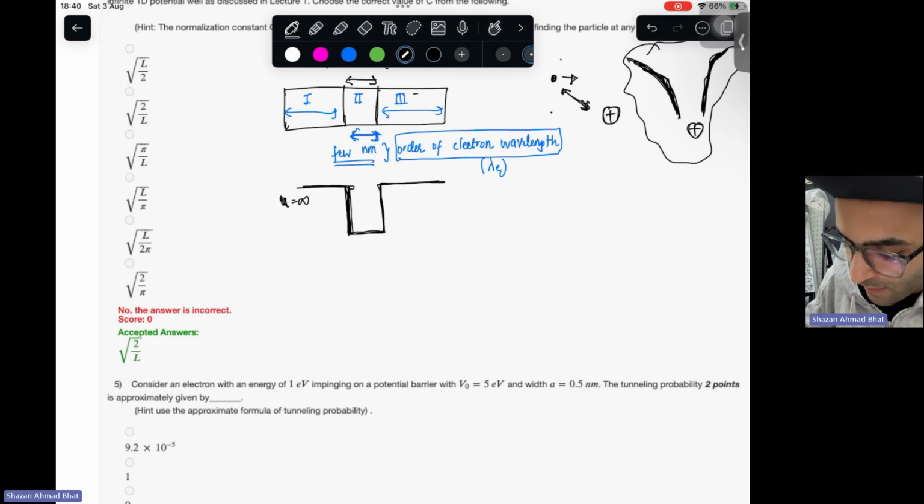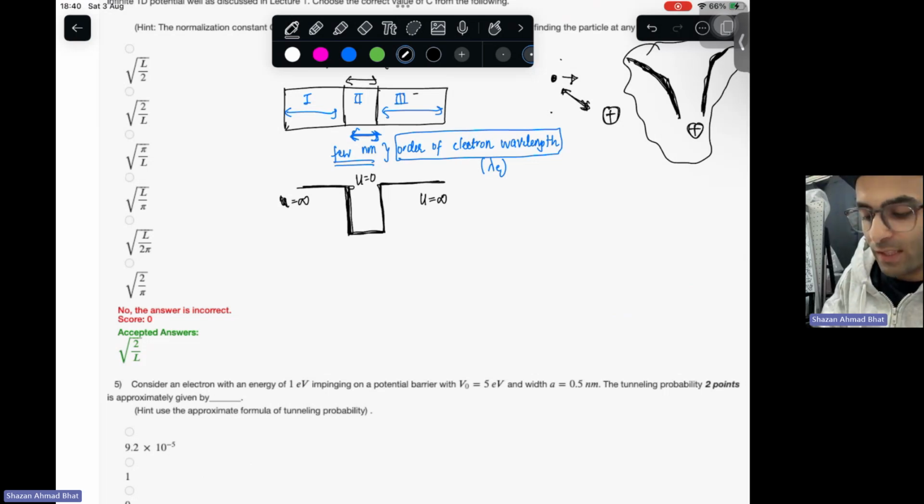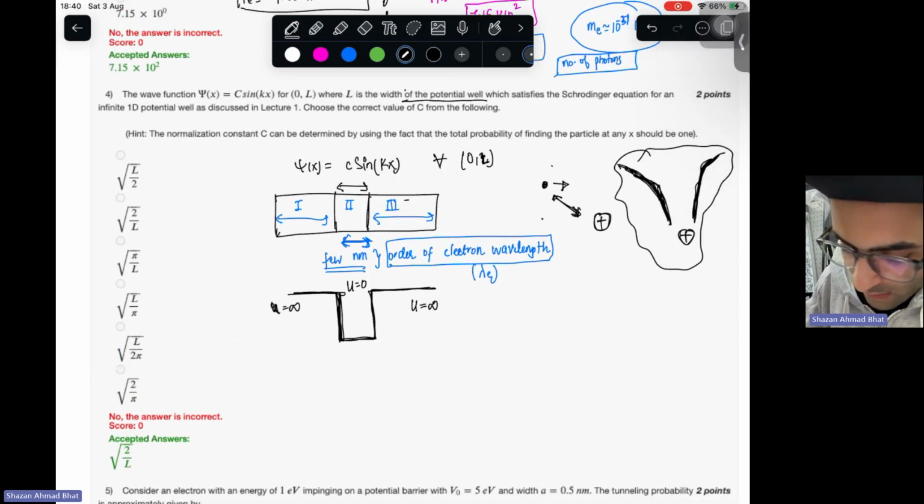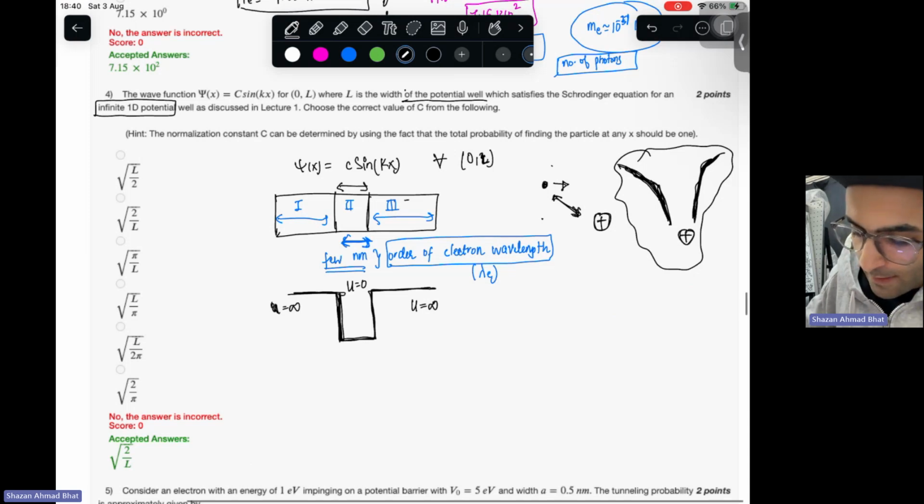That means it is a very deep well outside, and the potential inside we consider zero. This is for the simplification of the problem, and that is what this problem is about. It's about an infinite one-dimensional potential well.